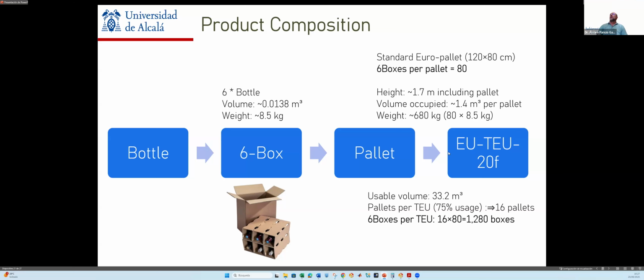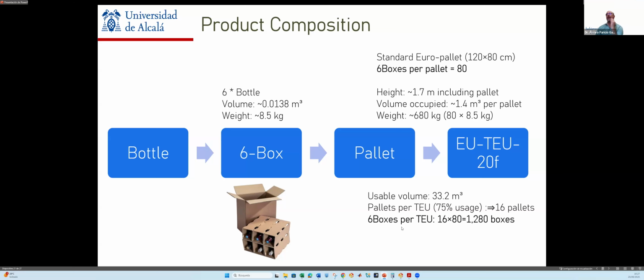So for our purposes, when we talk about product units, we will cover 6-bottle box units, understanding that the demand will be expressed in groups of 6 wine bottle boxes. So whenever we talk about product units, we'll talk about this.